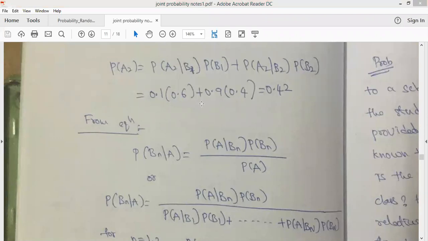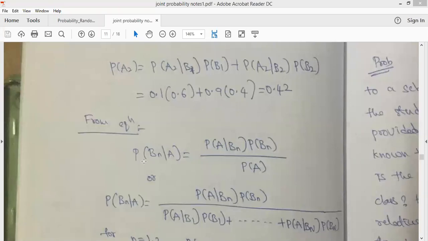It means it is a correct transmission. And what is the probability that we transmit 0 but receive 1? We are transmitting 0, but we are receiving 1. That is called error transmission.